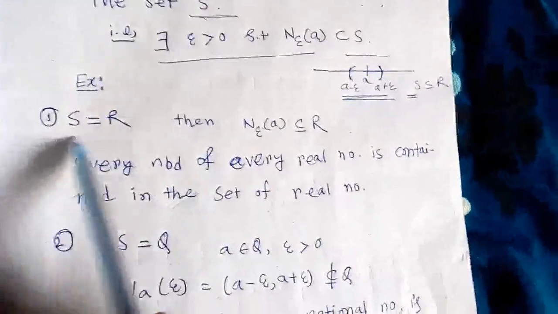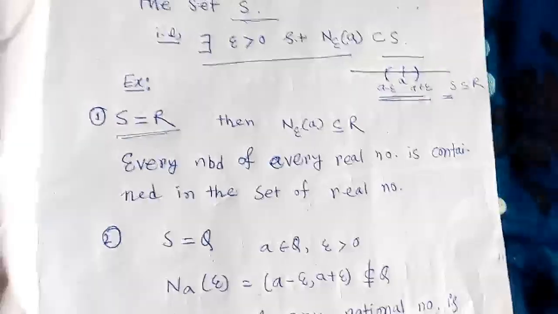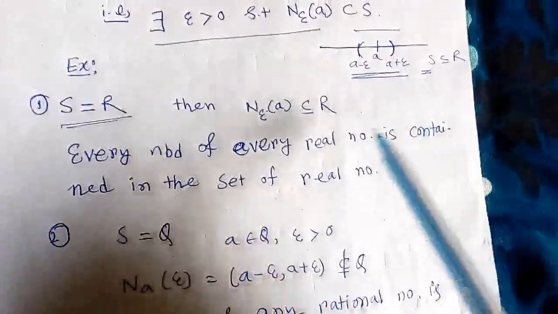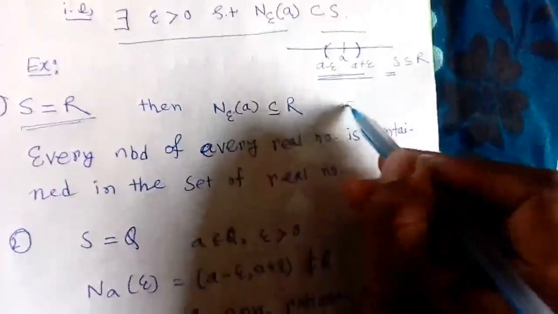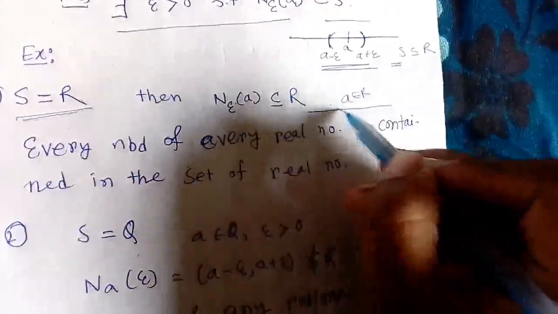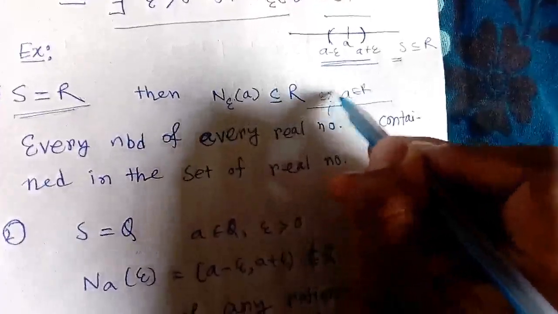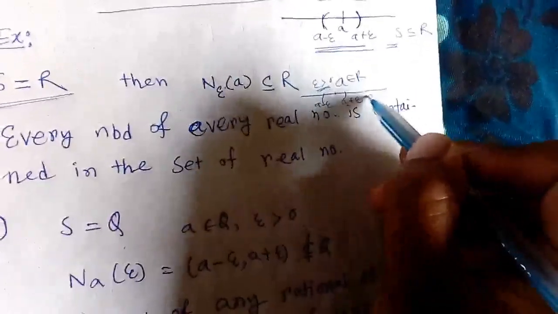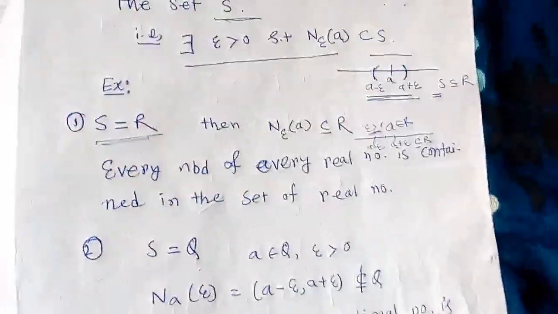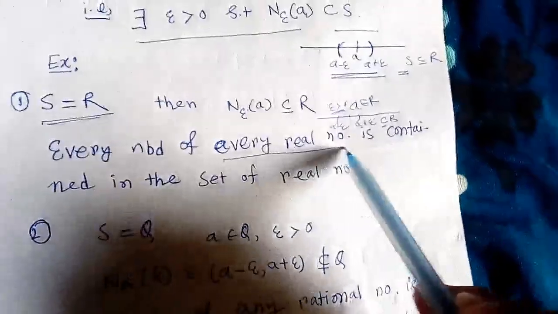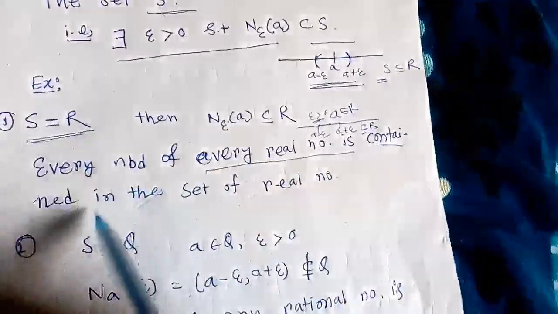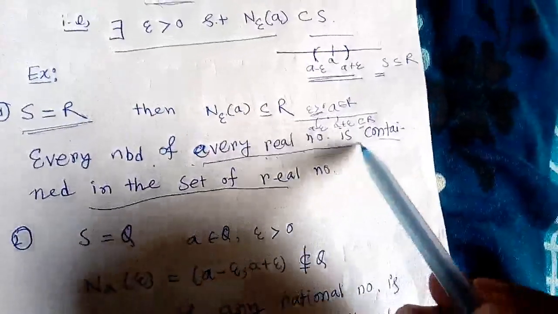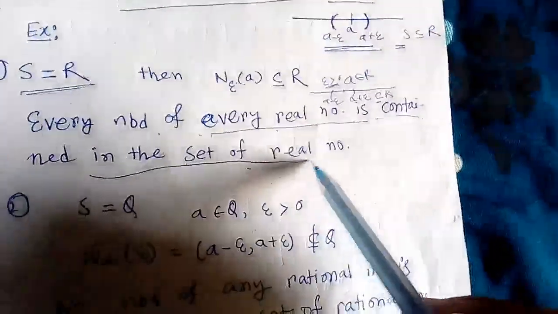If we consider S equal to R, then for any A belonging to R and any epsilon greater than 0, A minus epsilon to A plus epsilon is a subset of R. That means every neighborhood of every real number is contained in the set of real numbers.